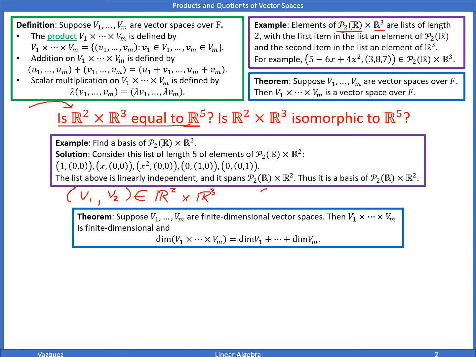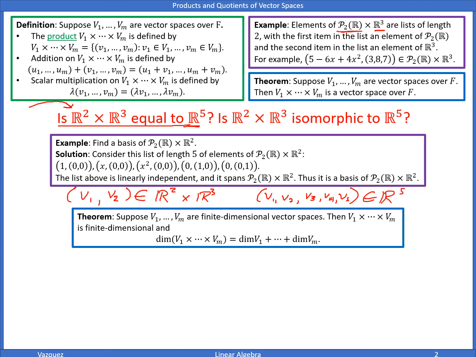R5 has a list of V3, V4, and V5. So one is of length 2 and one is of length 5. So they're not really equal.